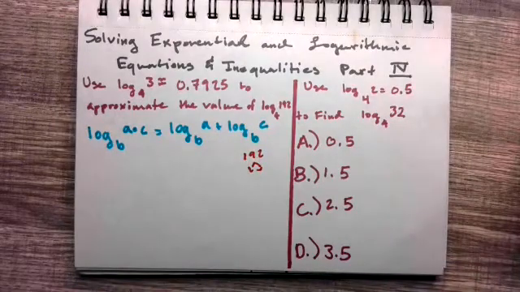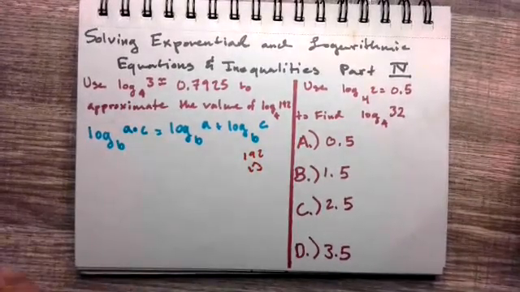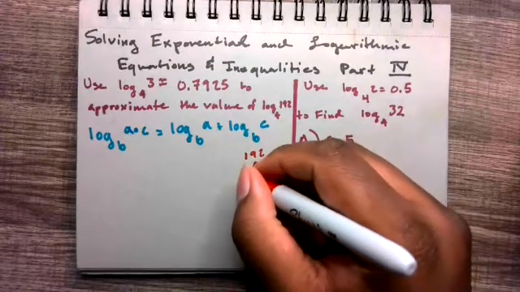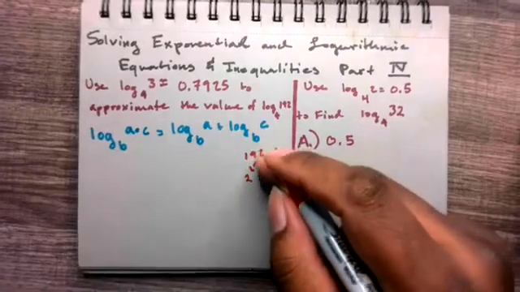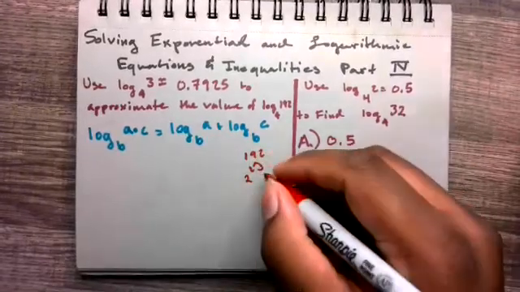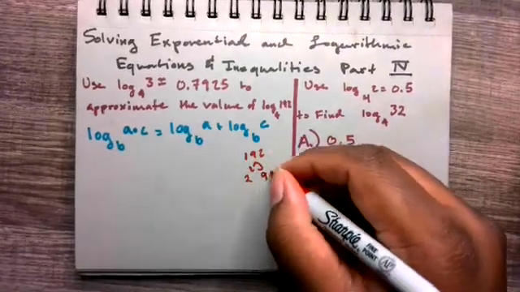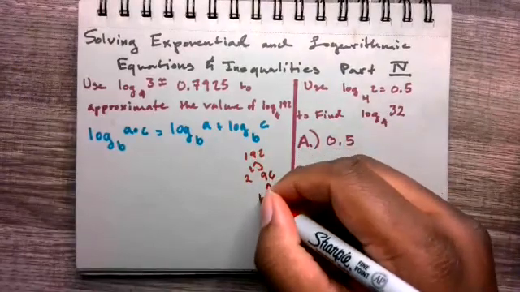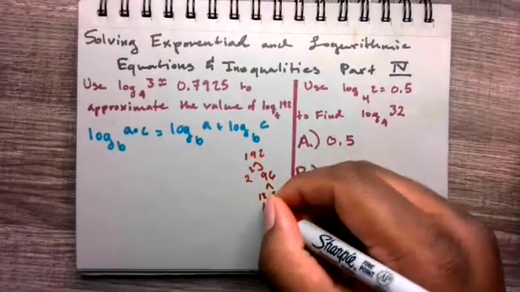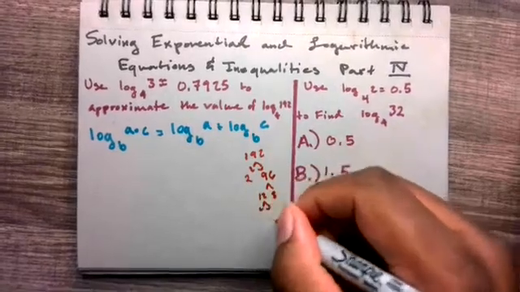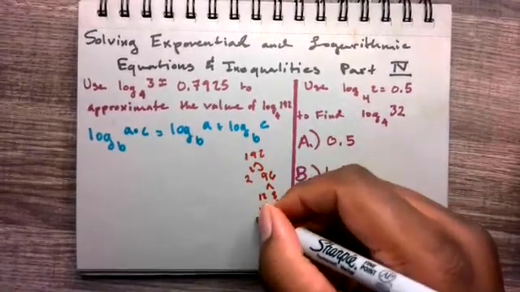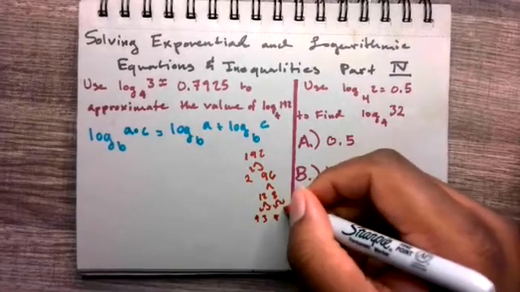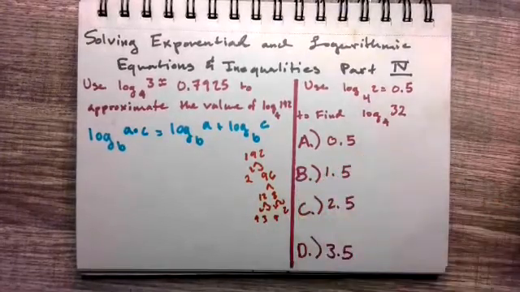192 can be broken up into, let's see, obviously, when in doubt, go with 2, right? 2 and 96, and 96 is 12 and 8, which gets us to 4, 4 and 3, and this is going to be 2.